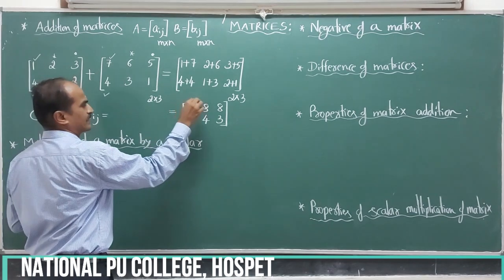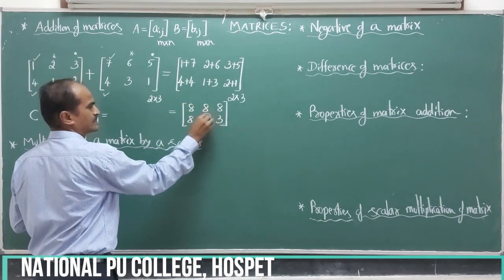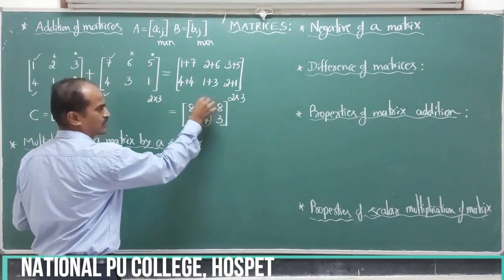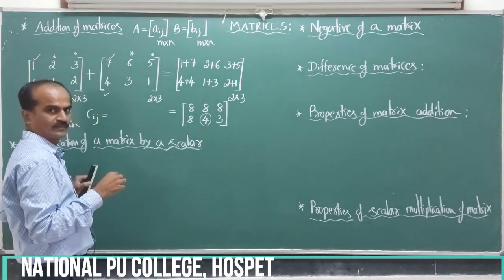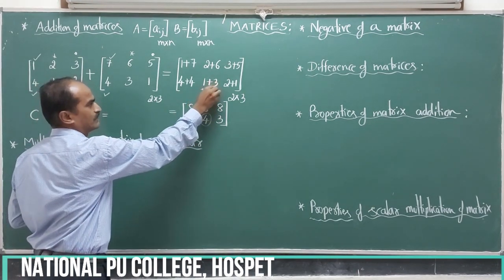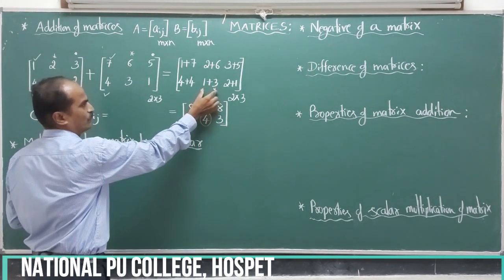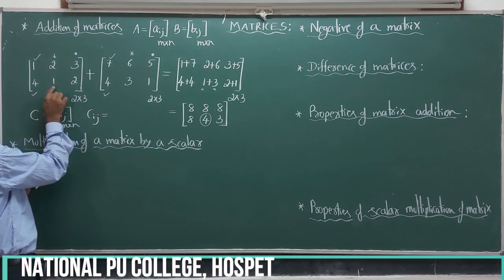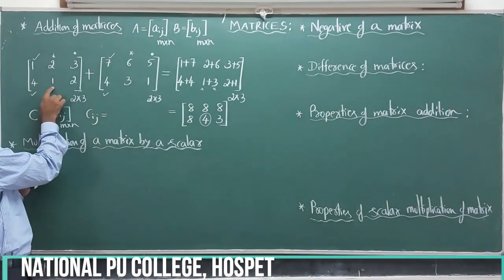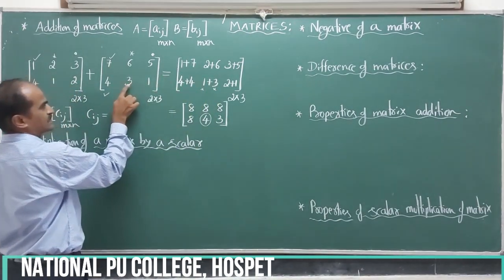How are you able to get this? 4. This is element of matrix C present in second row, third column. How to obtain this? By adding two elements, 1 and 3. From where you are taken? 1 is taken from first matrix present in second row, second column. 3 is taken from second matrix.